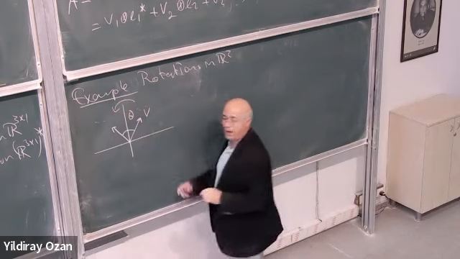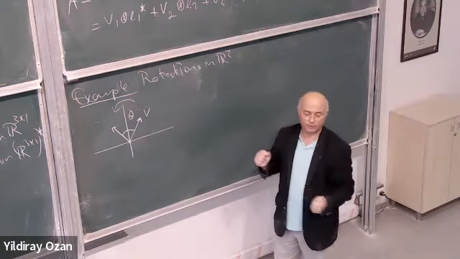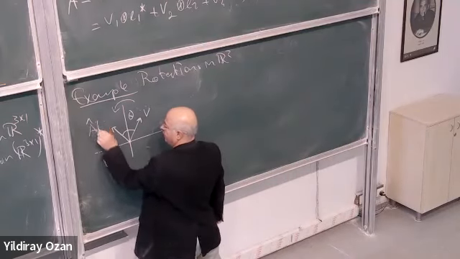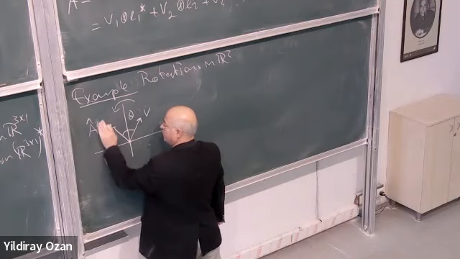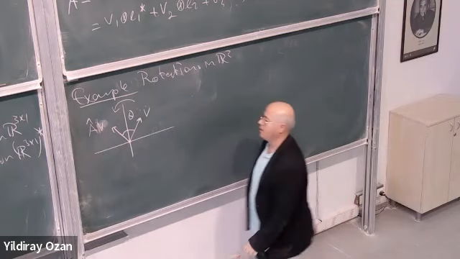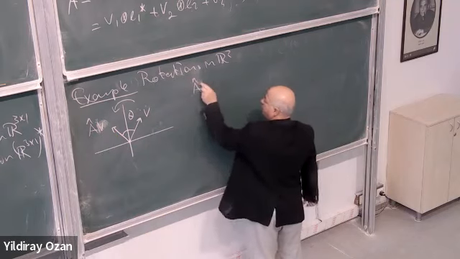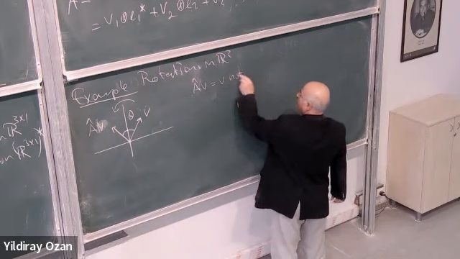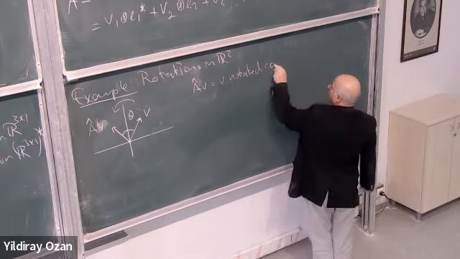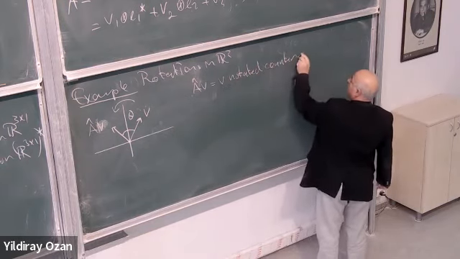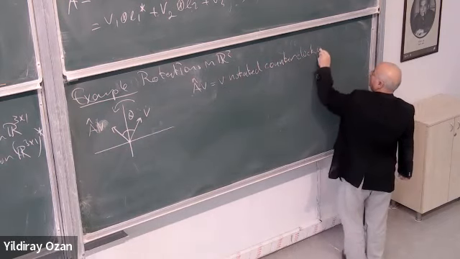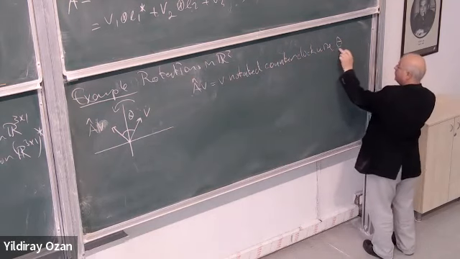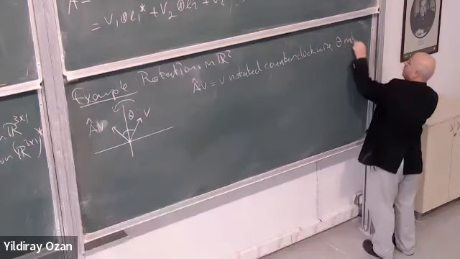Okay? This is my linear map. So A hat B is rotating counterclockwise by theta radians.